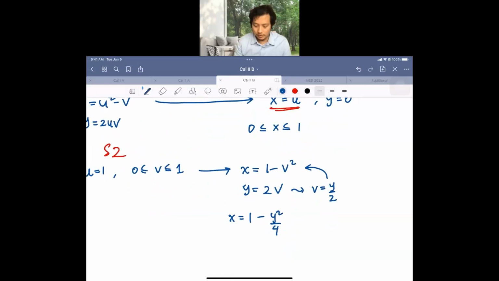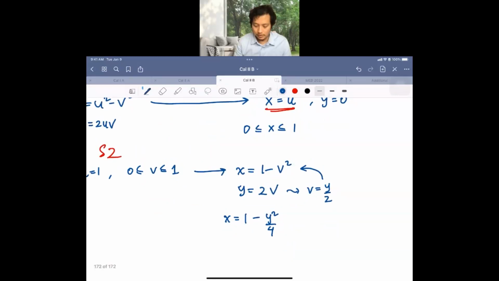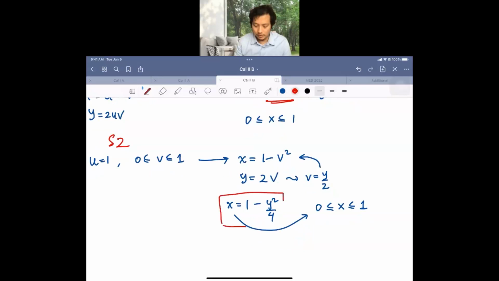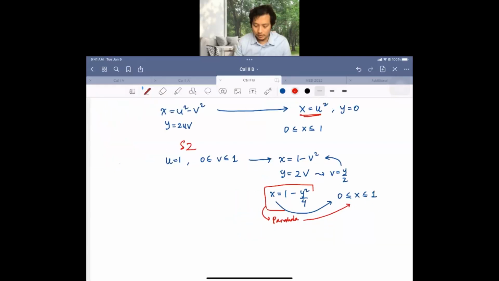Also from here, we could see that x will have an interval from 0 to 1. Since we already have this equation for x, we are going to have a parabola, right? We have a parabola from 0 to 1, and the parabola will be drawn from 0 to 1.